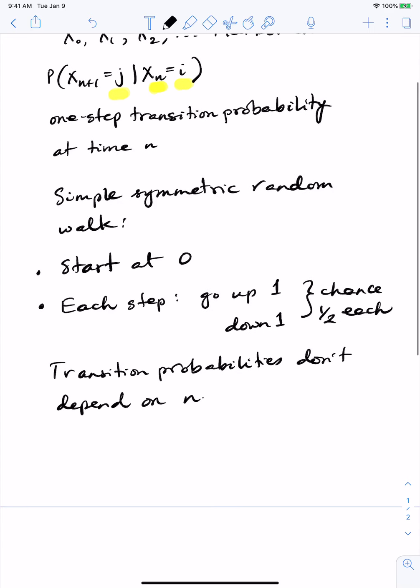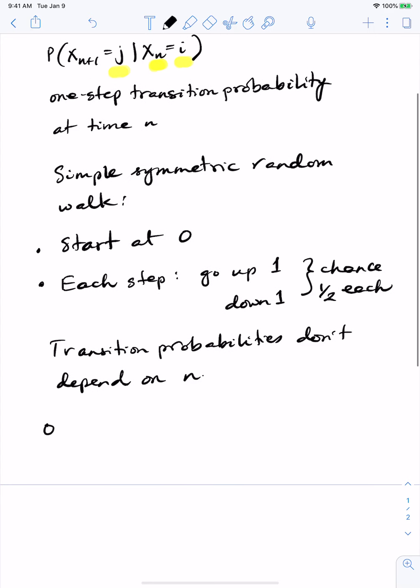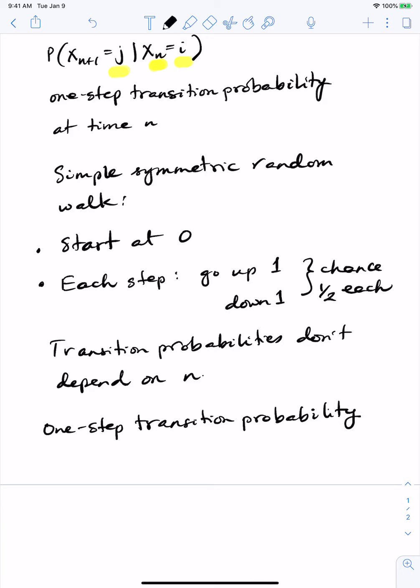And in this situation, the one-step transition probability, which we are almost always going to shorten to just transition probability, can be written as the chance that X1 is equal to j given that X0 is equal to i.